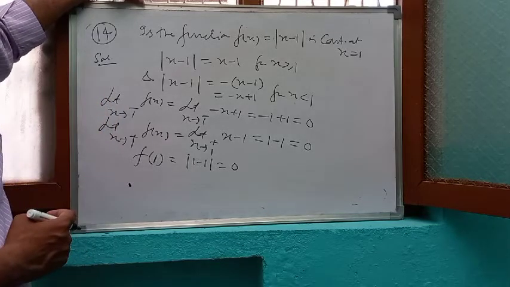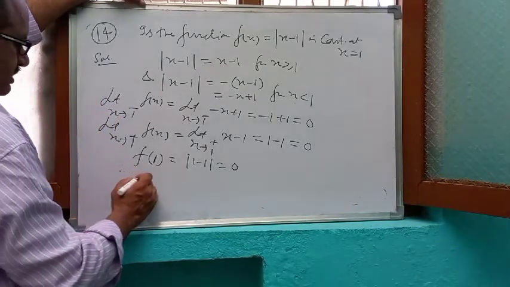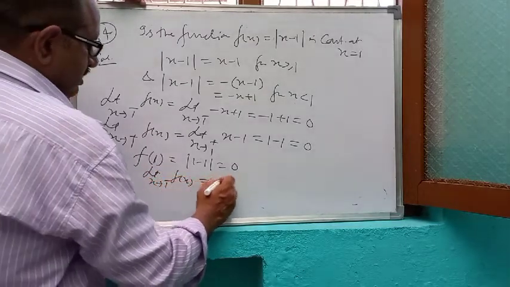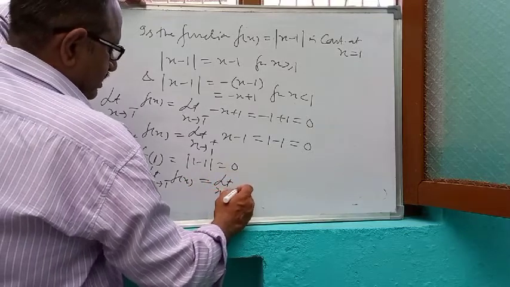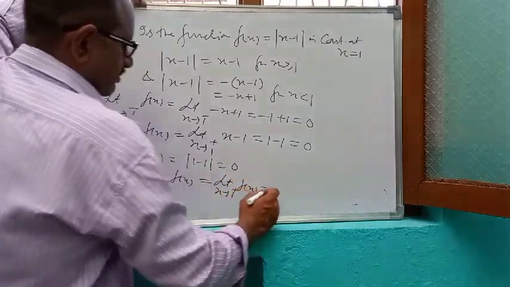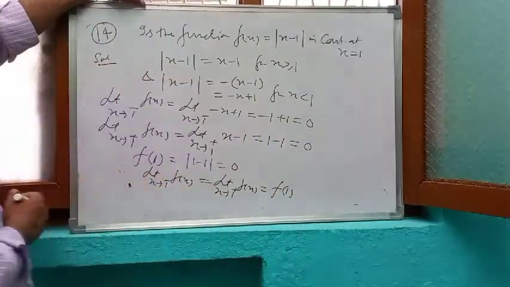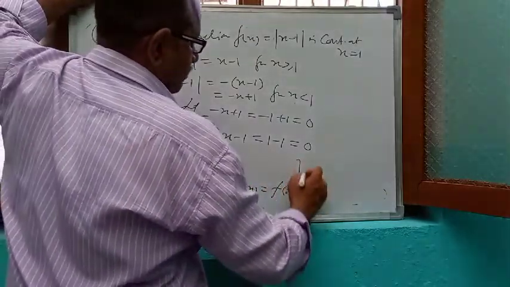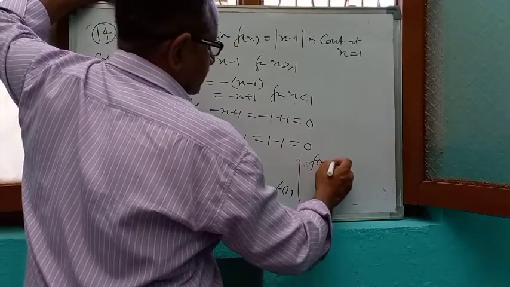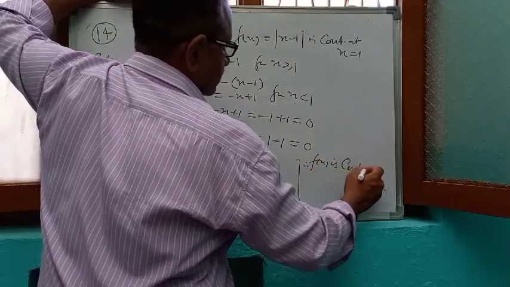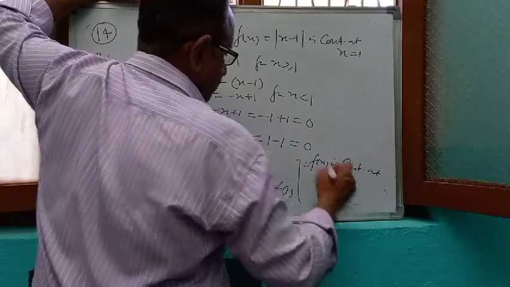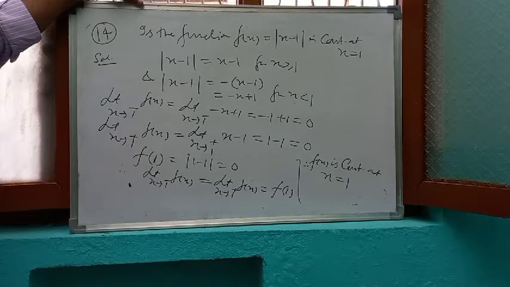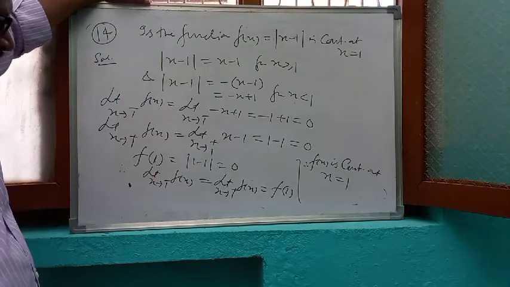So the function is continuous at x = 1. Since limit x tends to 1 minus f(x) is equal to limit x tends to 1 plus f(x) is equal to f(1), it means the function is continuous at x = 1. In this way we can check the continuity and discontinuity.